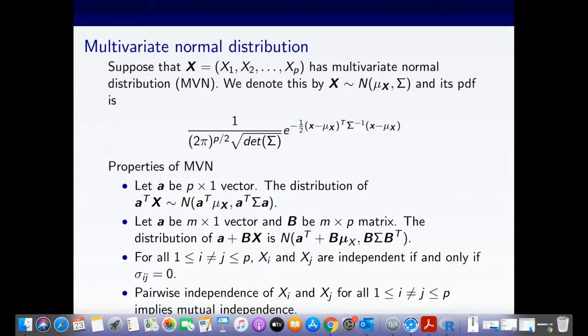So A transpose X gives just a single random variable, which is the linear combination of x1 through xp, the sum of the products with the elements in A. So that's a normal distribution with mean A transpose mu x, which is also a single number, and the variance would be A transpose sigma A, which is also a single number.